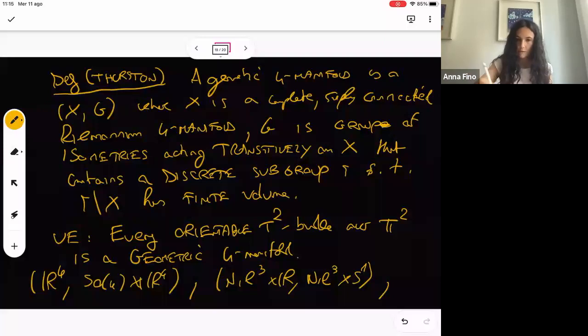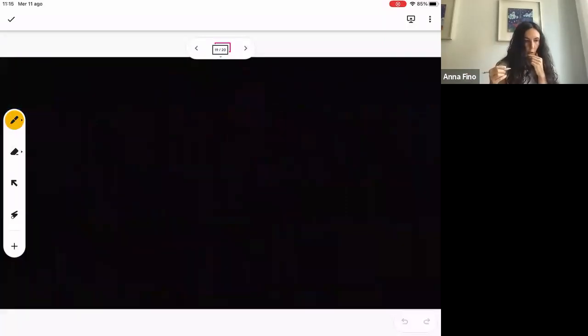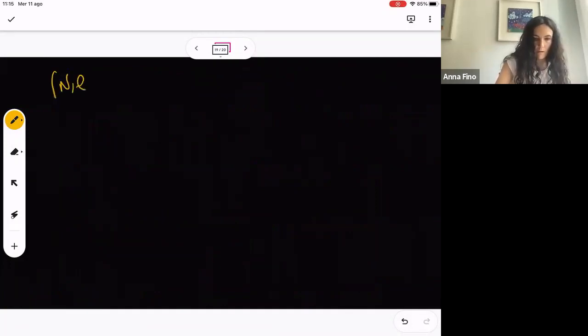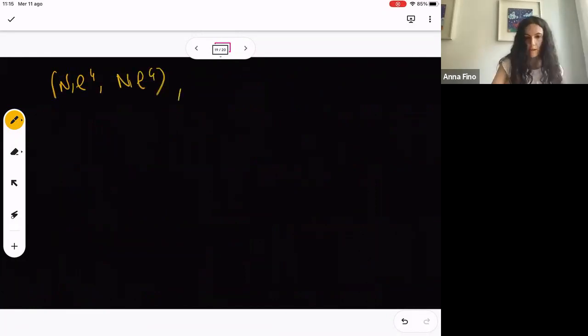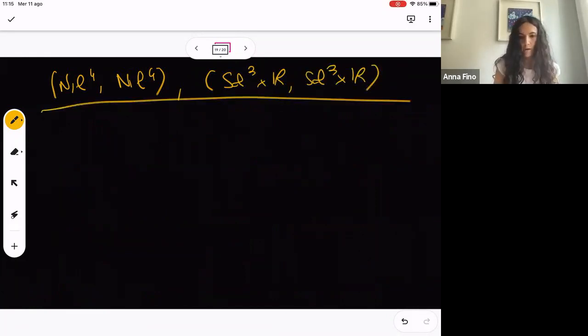And then you have the other possible four-dimensional nilpotent group, Nil4, where the isometry is Nil4, and then the solvable case, Sol3 cross R, where again the isometry is Sol3 cross R. In all these cases, you have not really a compact manifold but a compact quotient.